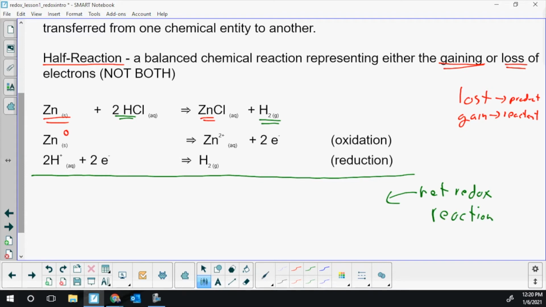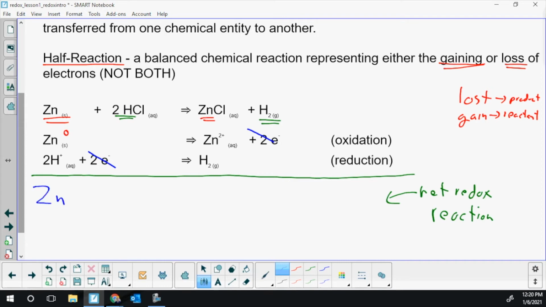Or actually, I will write that out just so you can see it. When we write redox reactions, as you've been doing for years of single replacement and not even realizing it, you never wrote the electrons in. They always canceled each other out. Okay? We have 2 electrons from the oxidation, and they're going to cancel out the 2 electrons from the reduction. So we don't see them in the net.